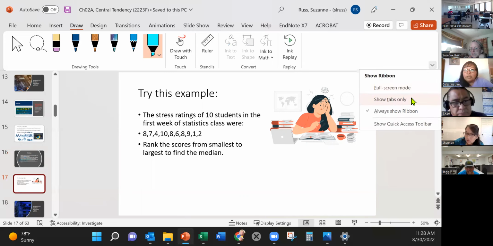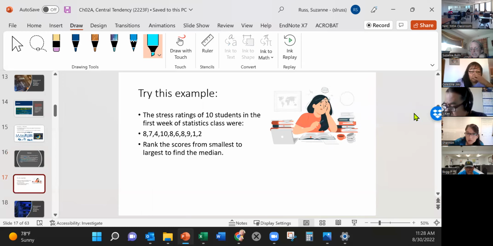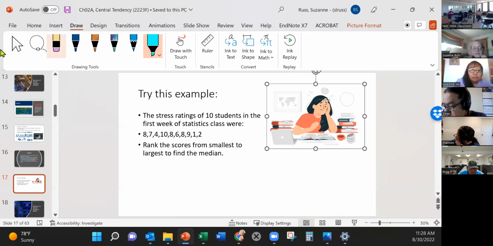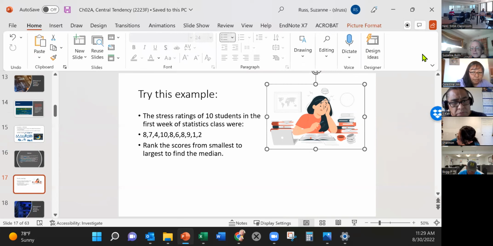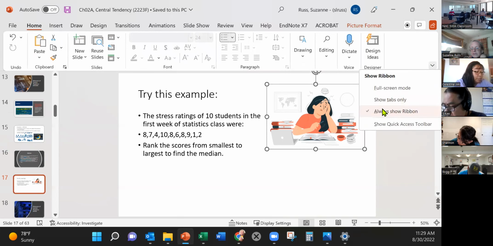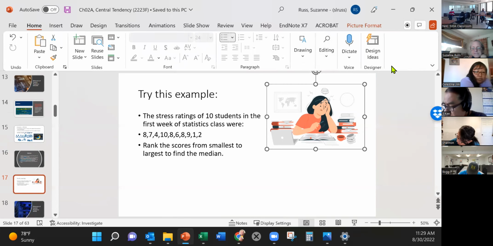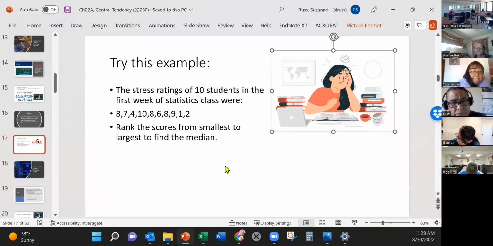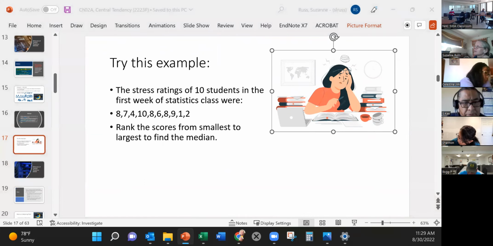And then people in the classroom, I'm going to call on one of you in particular to indicate your answer. First step is to rank them in sequence and then find the middle number.